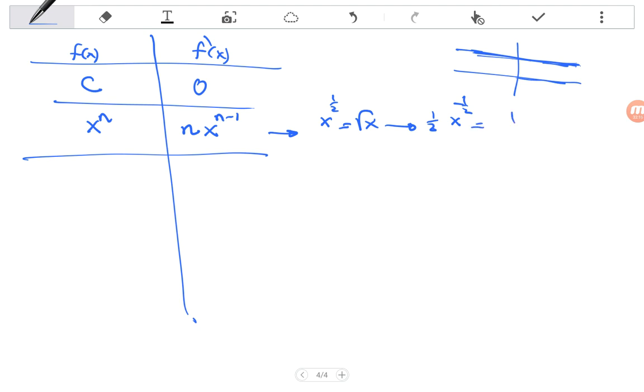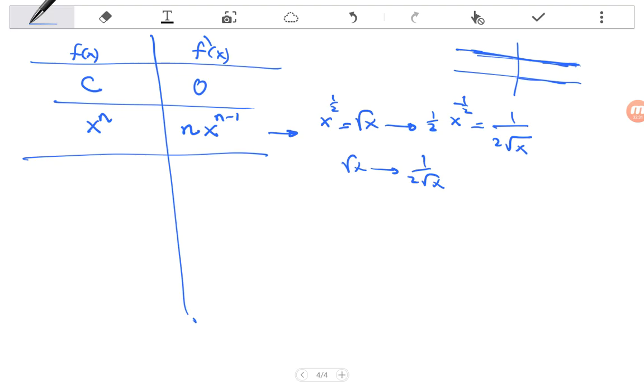That may be re-expressed as 1 over 2 root x. So that's why it is memorized. As we use it extensively, we know that the derivative of root x is 1 over 2 root x.